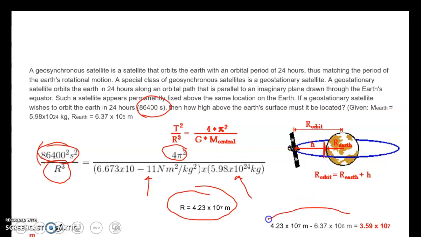So to get it above the surface, we have to subtract the radius of the Earth, and that's how far above the surface, 3.59 times 10 to the 7th. Remember, this number is from center to center. So when you solve, be very careful. I mean, you'll get dinged on mastery if you don't remember the radius of the Earth to subtract it if we're talking about the surface, like you see here.